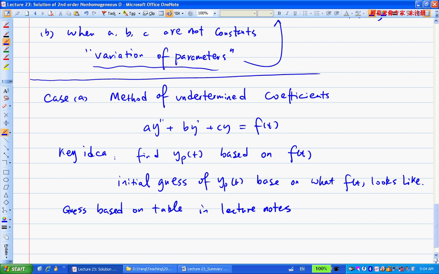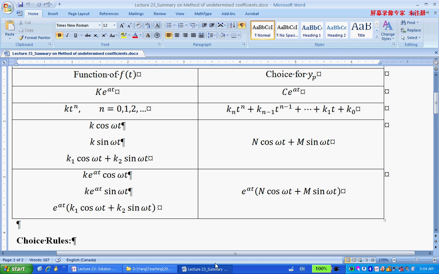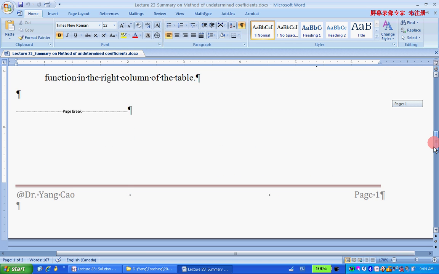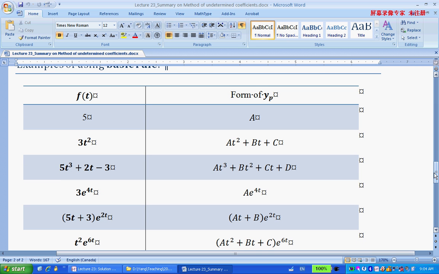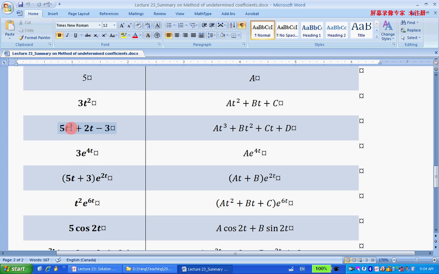If you look on the other side of the page, I have more complicated cases. More complicated basically means it's just a combination of the simple cases. For example, look at this one here, 5t squared plus 2t minus 3.